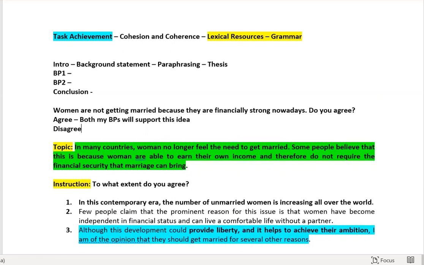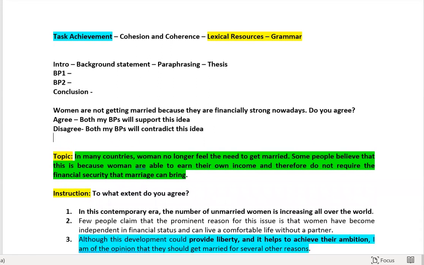If you disagree, it is not like that. In body paragraph 2 we need to write something contradictory, and then we need to outweigh the first paragraph's concept.